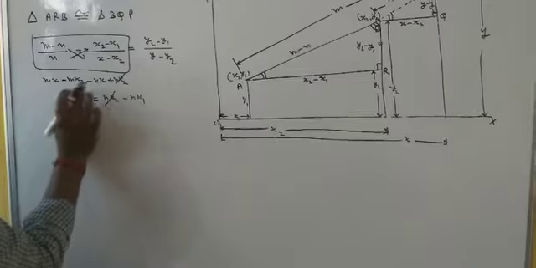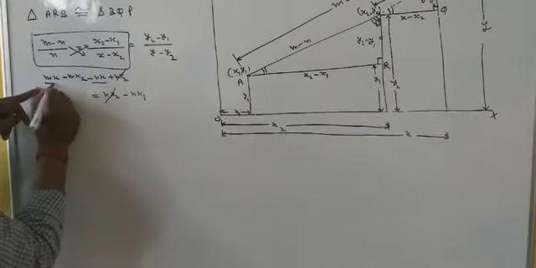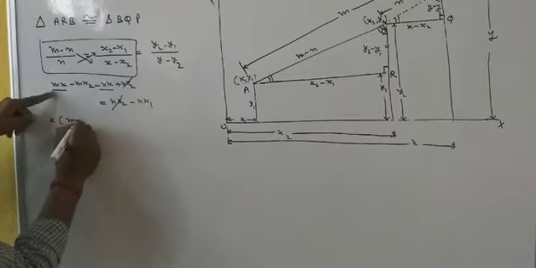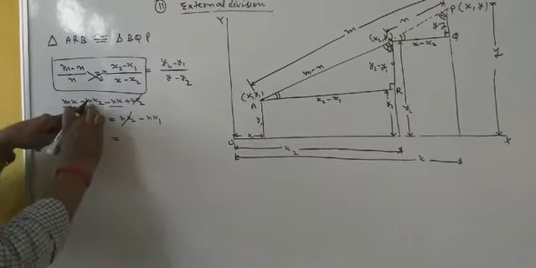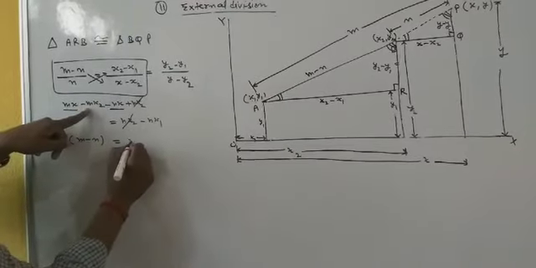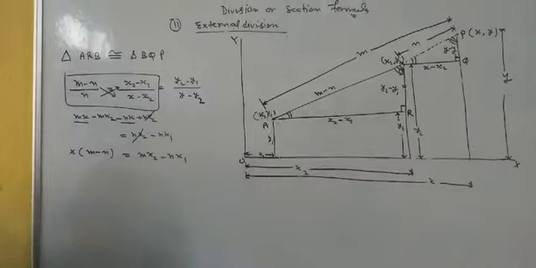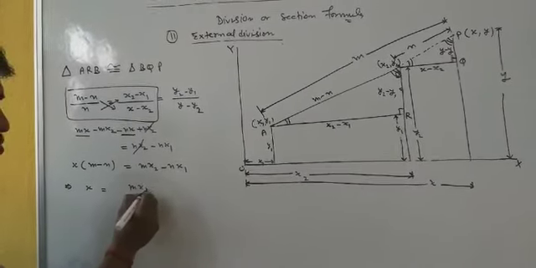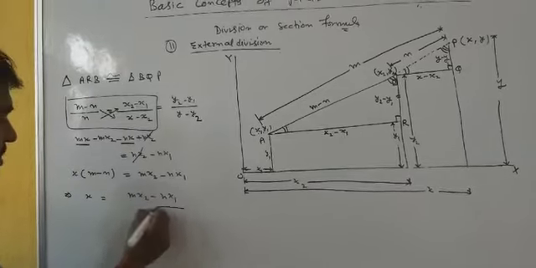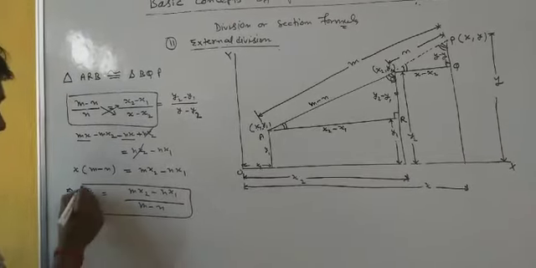Therefore mx minus nx, x taking common from left hand side from these two factors. So we are getting m minus n. This will be equal to, transposing this mx2 into right hand side, what we get? mx2 minus nx1. So it's implied that x is equal to mx2 minus nx1 upon m minus n. This is your x coordinate.